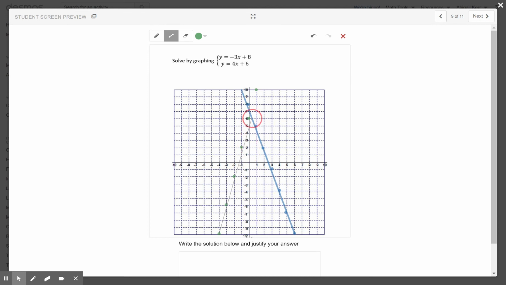Now, when students see a problem like this, they feel like they've graphed it incorrectly because this is not at a specific ordered pair. Or, well, I guess it is, but it's a decimal. And decimals are okay. So what we're going to learn soon is decimals are fine.